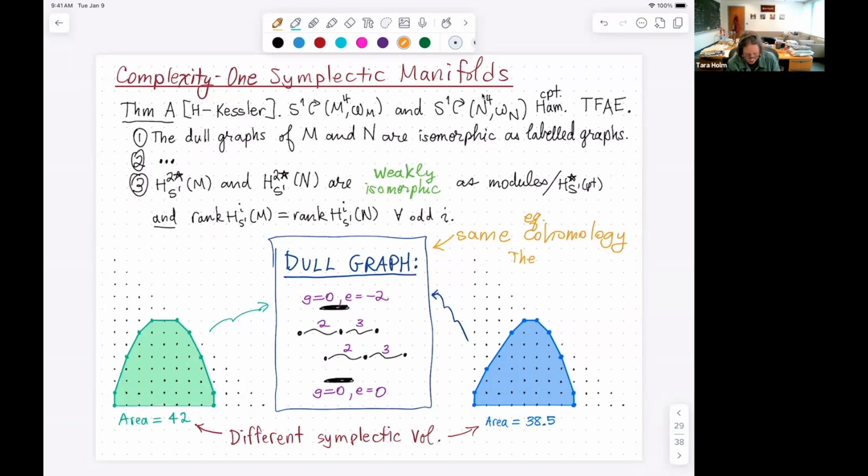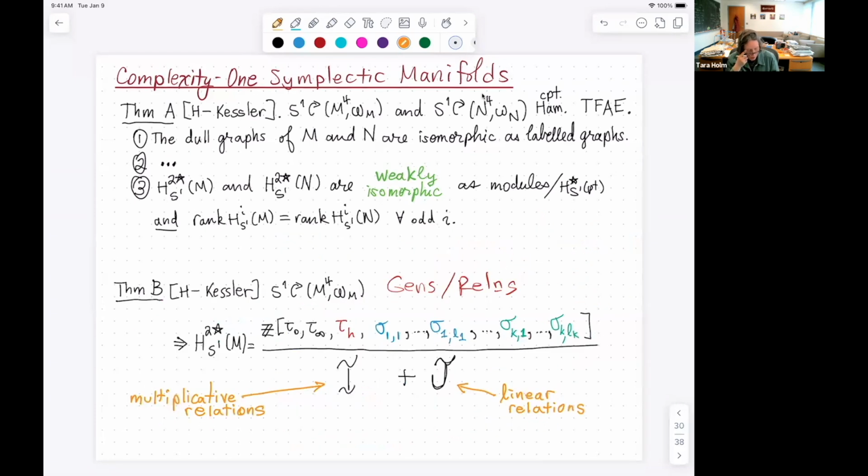They have different first Chern class of their tangent bundle in that equivariant cohomology ring. Maybe that's what I want to say about those.